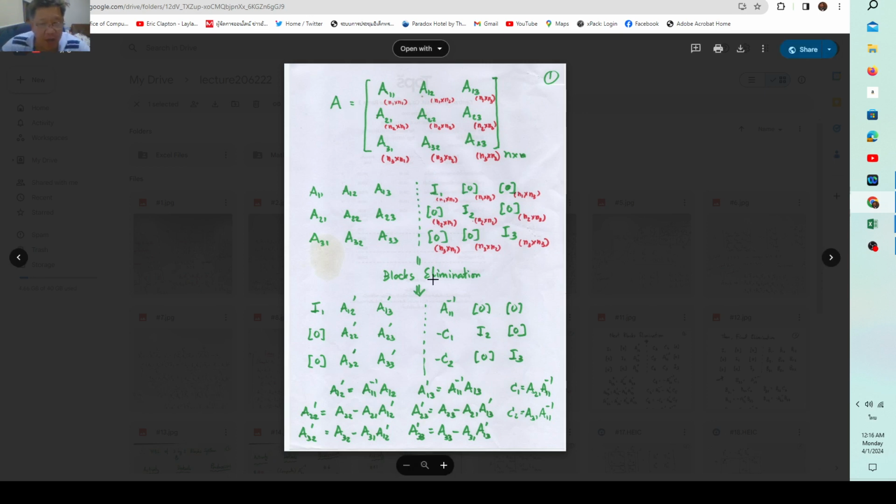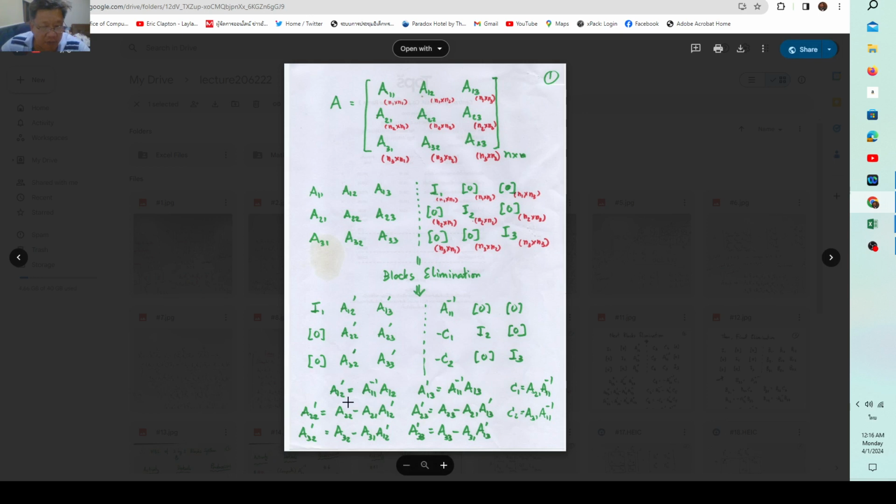Okay, so block elimination starts with what? We're going to try to make this become I1, which is the identity matrix of the size n sub 1 by n sub 1. So the easiest way is that we multiply the first row of these submatrices by A11 inverse. A11 inverse times A11 becomes I1.